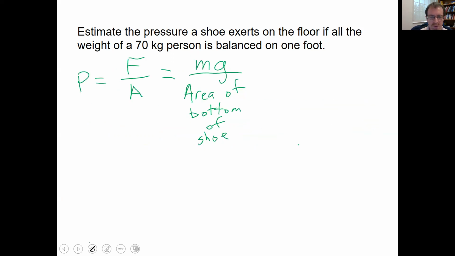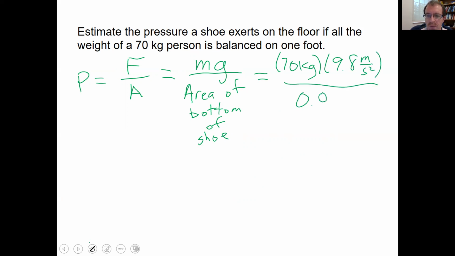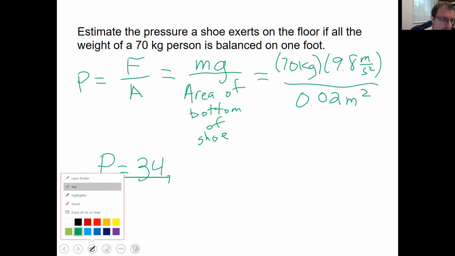All right, so now that we've got that value, let's go back to here, and we can plug in my body mass and g and the area that we just figured out. And when we do all that, we get a pressure value that is 34,000. Oops.